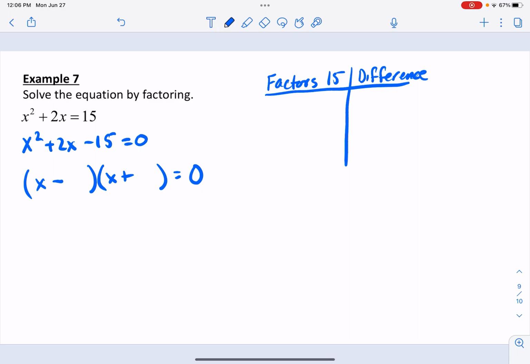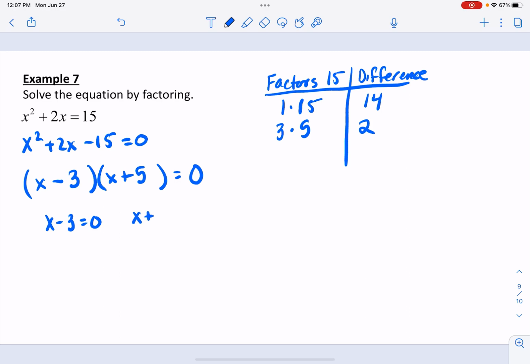So I look at 1 times 15. Well, their difference is 14. 2 doesn't go in. 3 times 5. Oh, their difference is 2. 5 has to be the positive one because my 2 is positive. Now I set each factor equal to 0. And I solve each equation.